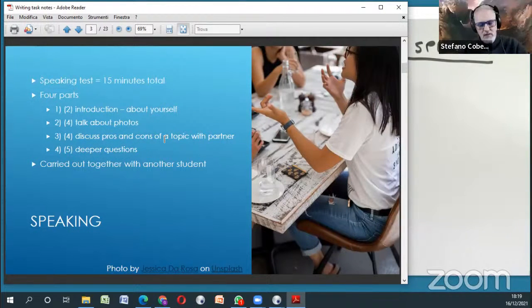In the fourth part, you don't have a scheme to work on, but it will be connected in some way. It will be a deeper question or deeper questions regarding what's being talked about in part 3. Okay, so we'll have a look at these pieces in a little bit more detail in this section.